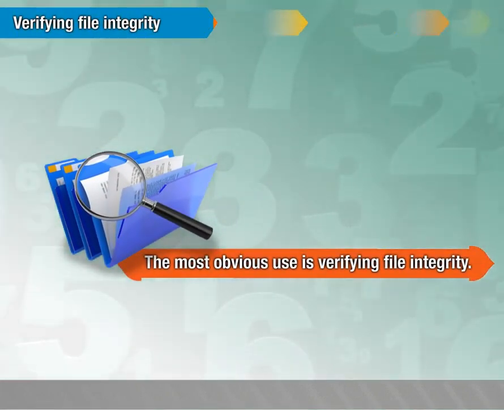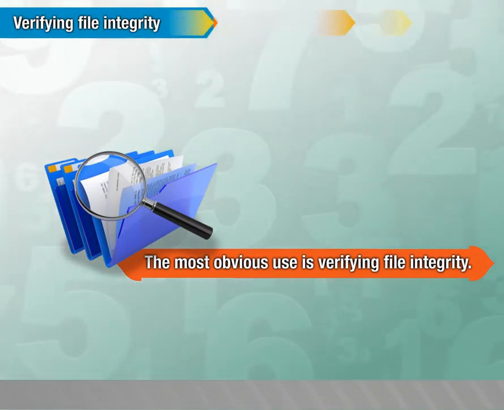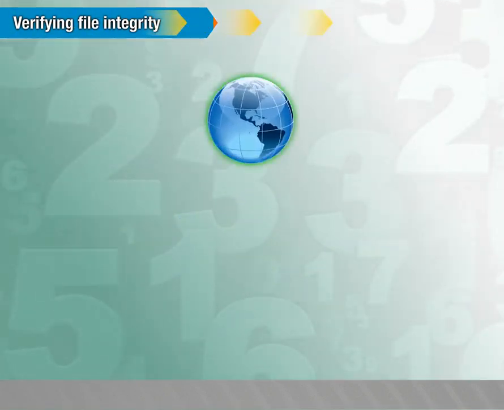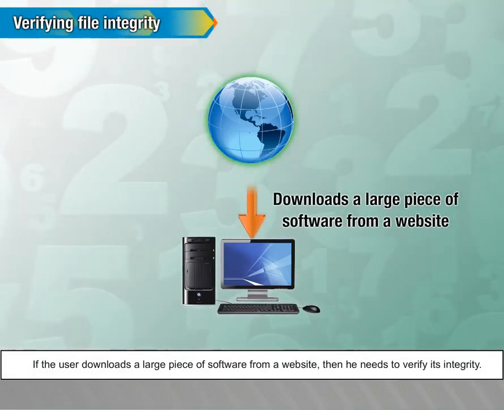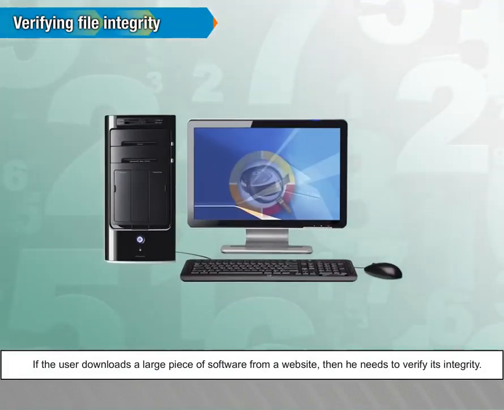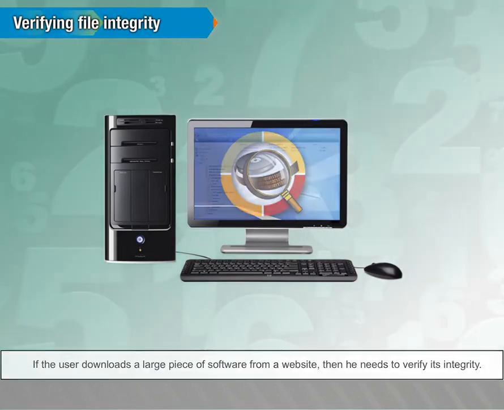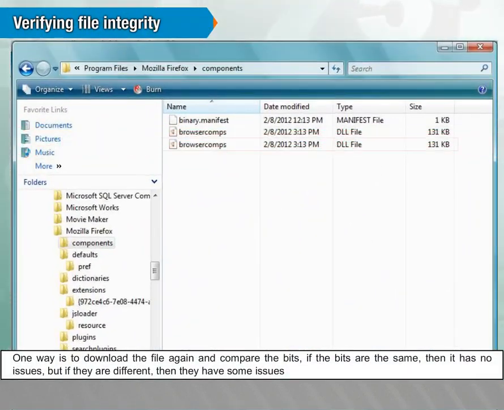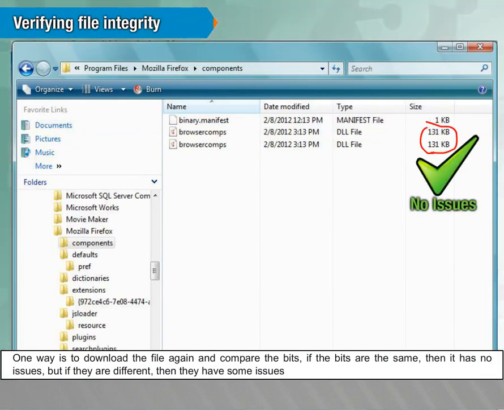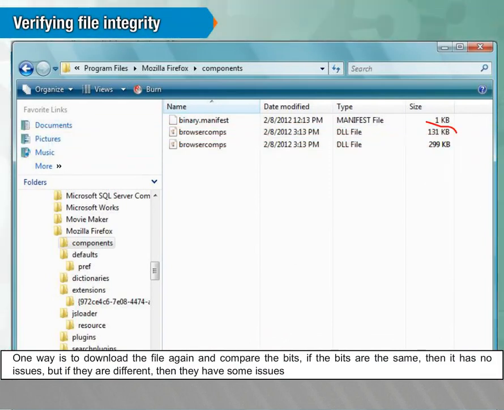The most obvious use is verifying file integrity. If the user downloads a large piece of software from a website, then he needs to verify its integrity. One way is to download the file again and compare the bits. If the bits are the same, then it has no issues. If they are different, then they have some issues.